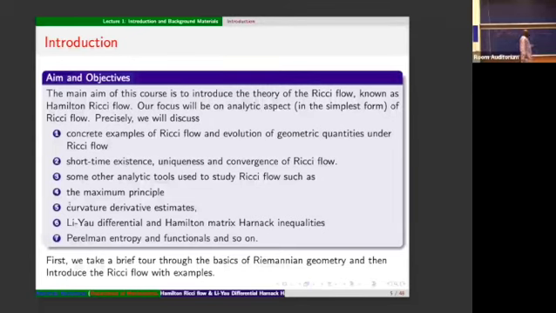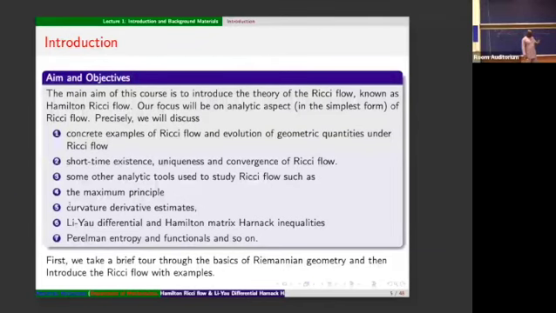Then we will discuss short time existence, then uniqueness, convergence of Ricci flow, and we will look at some other analytical tools that are very important in the study of Ricci flow. Tools like the maximum principle, curvature derivative estimates, the Li-Yau differential Harnack inequality, and Hamilton's matrix Harnack inequality.